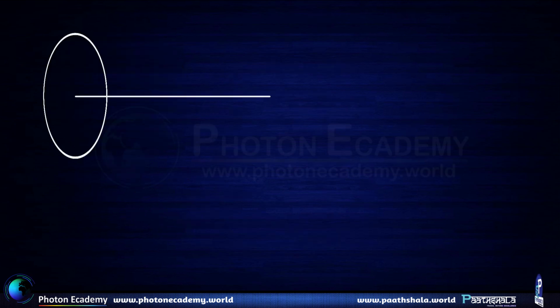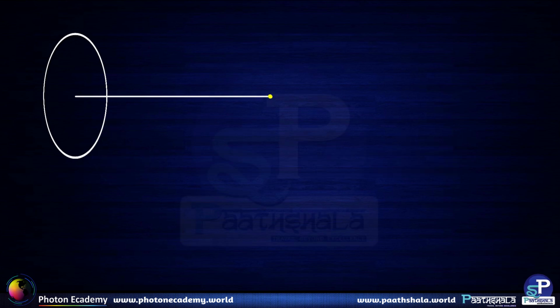Now let us take a ring. In the particular case of a ring, we want to find out the gravitational field on the axis of the ring. So let's say this is the point P on the axis of the ring. We would like to find out the gravitational field at this point.